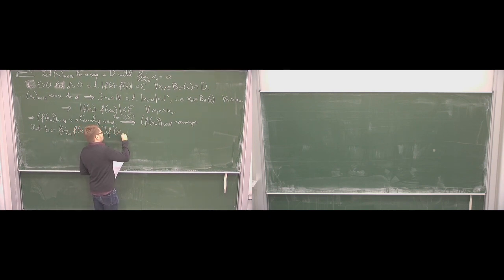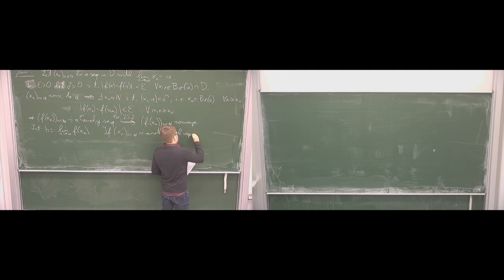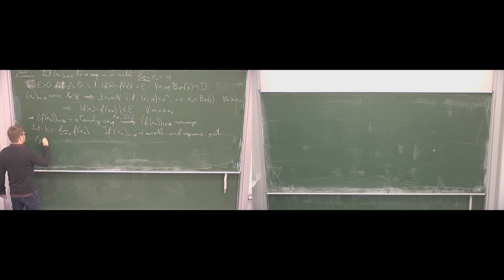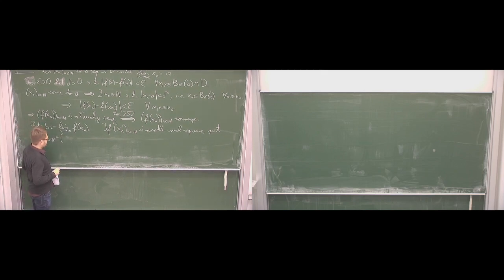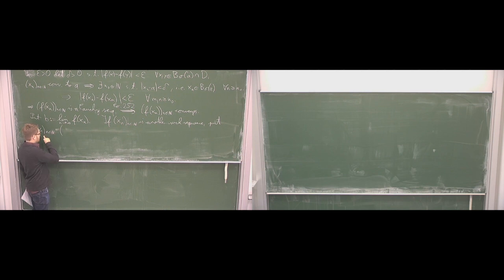So if xn prime, n in N, is another such sequence, we define a third sequence, which is called yn, n in N, and just informally written as this infinite list, as the terms of y we take alternatingly the terms of x and x prime. Namely, we first take x1, then x1 prime, then x2, then x2 prime, and so on and so on.